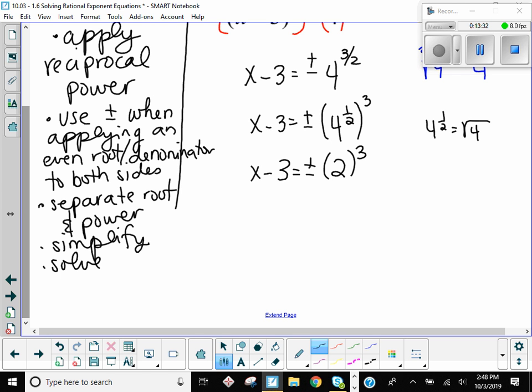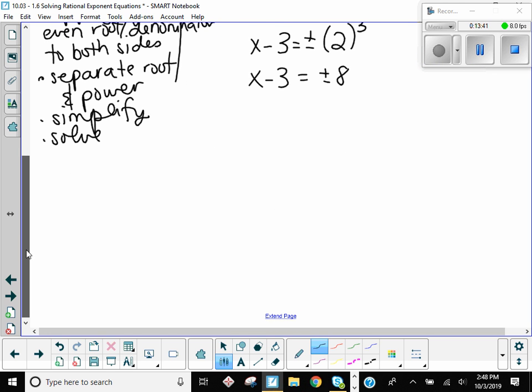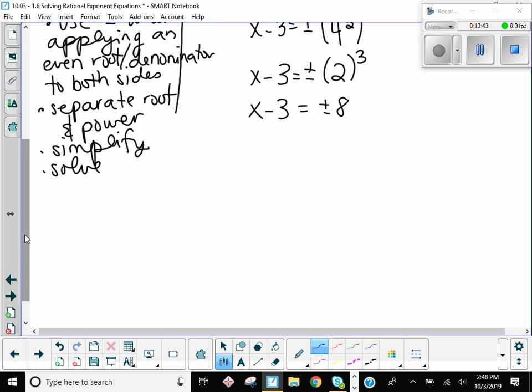Not 6. So x minus 3 equals plus or minus 8 now. And we add the 3 to both sides.